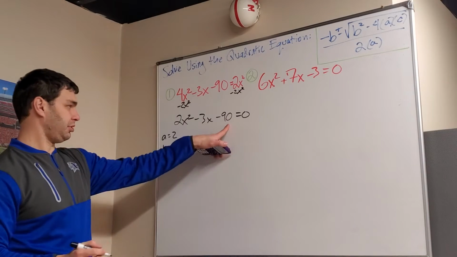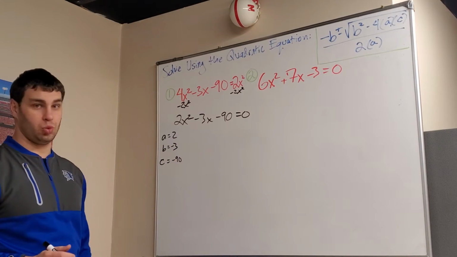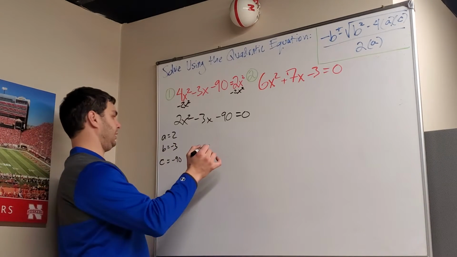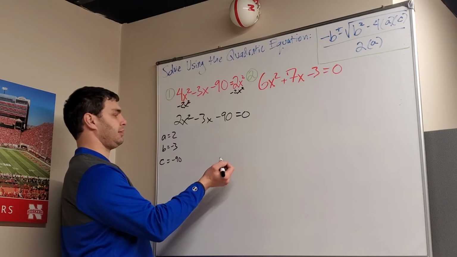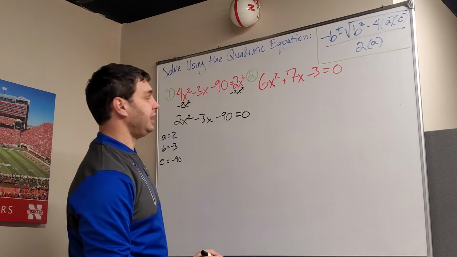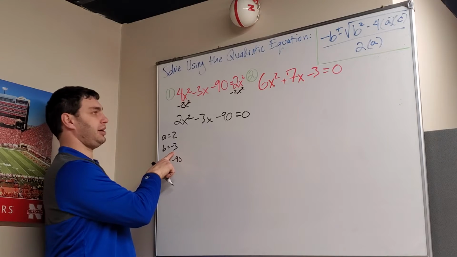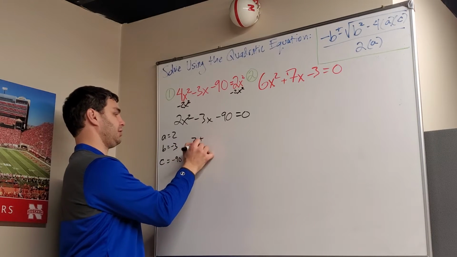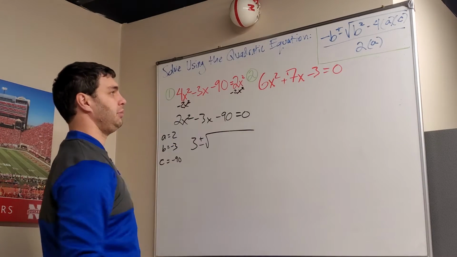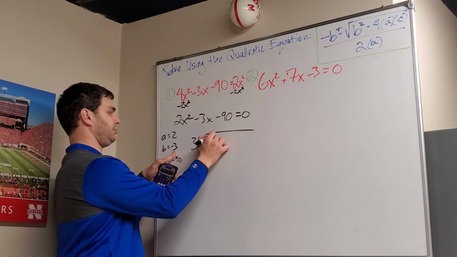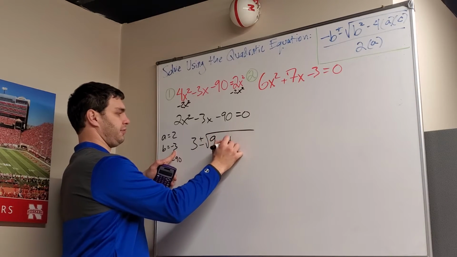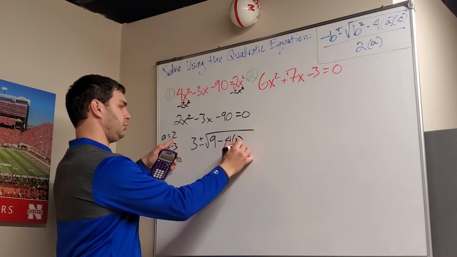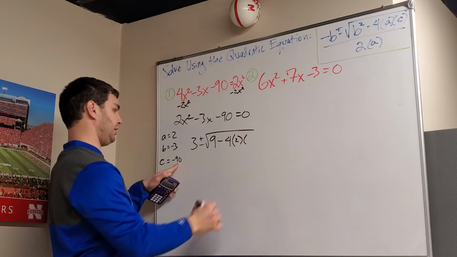All right, so some big numbers, but don't let that scare you away. We can still do it. Let's try it here with our formula. So negative b, well, opposite of our b is positive 3 plus or minus the square root. B squared, again, negative 3 squared is positive 9. Minus 4, A is 2, and our C is negative 90.